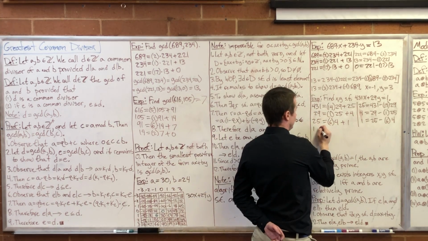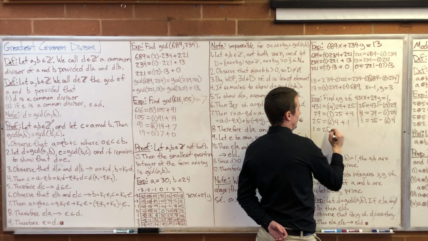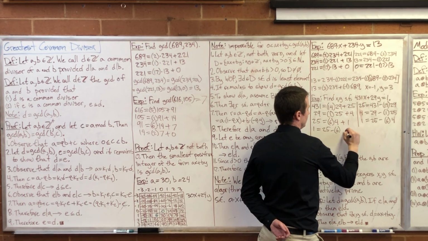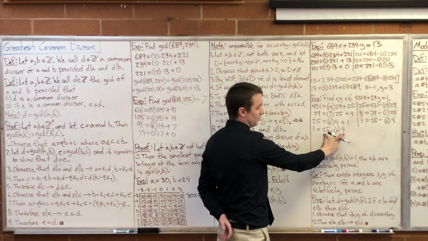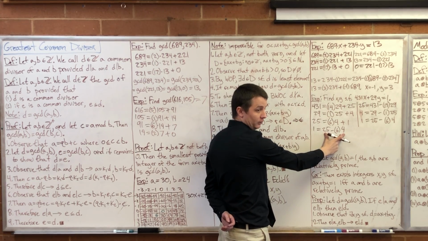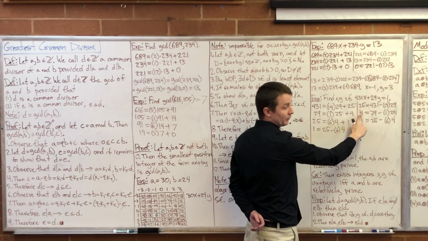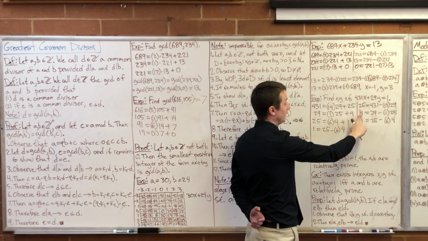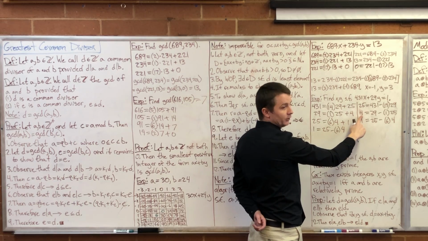So 1 is equal to 25 minus 6 times 4. What's the smaller of these two numbers? 4. So that's what we're going to substitute it for. We better have that as a number right above it, in other words. That's another way you could look at it. Just look at the number right above and do that substitution.